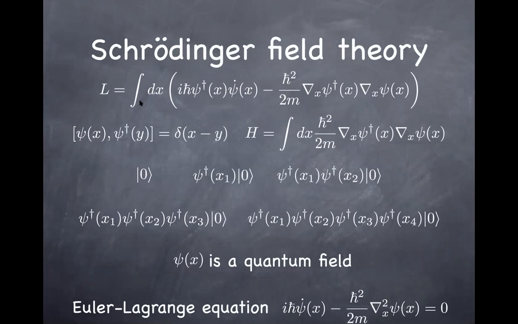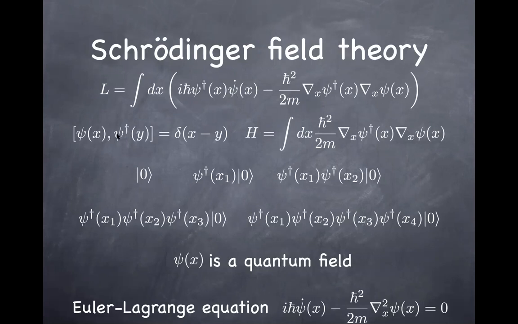And so if you have this Lagrangian, the first thing you do is, of course, look at this term with a time derivative. By differentiating the Lagrangian with respect to the time derivative of the coordinate, we say psi dot, you get i h-bar psi dagger as its canonically conjugate momentum.